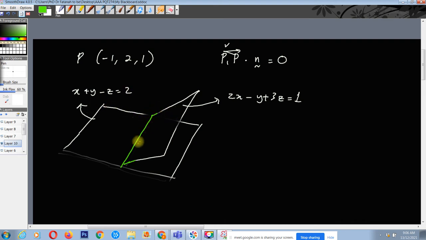How to find this line of intersection? How to find this line?